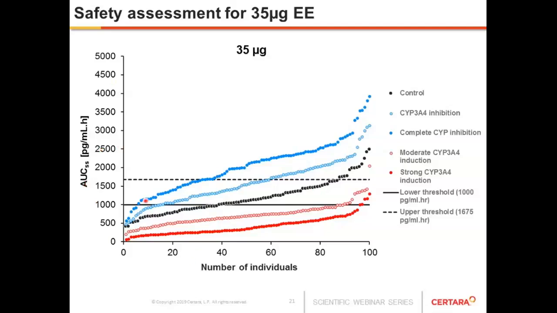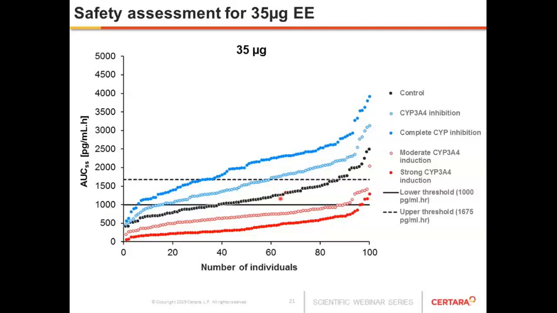The black line here is the lower threshold that signifies the 1,000, the subtherapeutic threshold, and the dotted line here is the upper threshold for the 50 microgram. So these individuals between these two lines for the control are the only individuals that were within the therapeutic window.